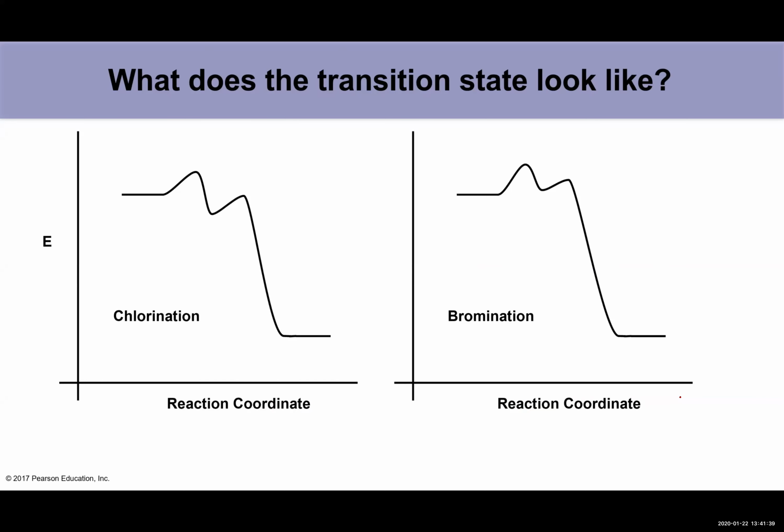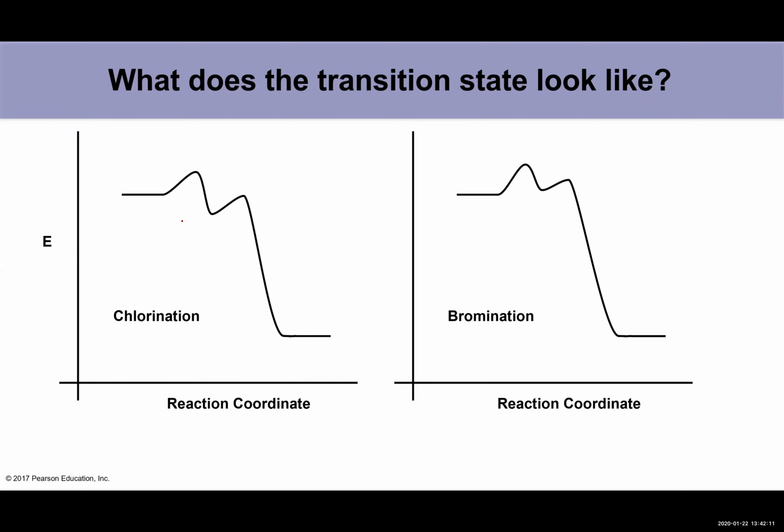So the energy diagram for chlorination and the energy diagram for bromination look like this. I drew it in a chemical drawing program. The first step in chlorination: the chlorine is smaller and much less stable and much more reactive. It grabs that hydrogen off and forms a radical.